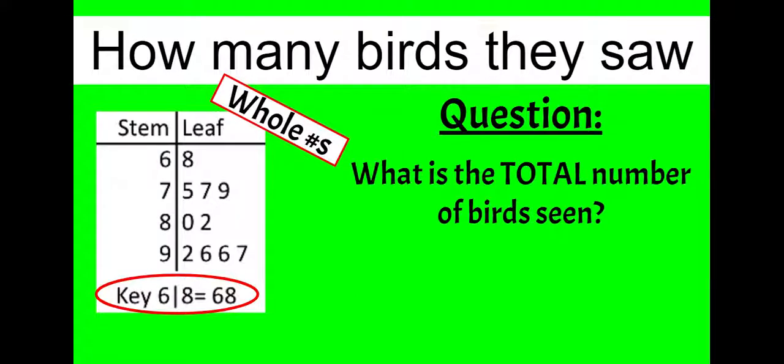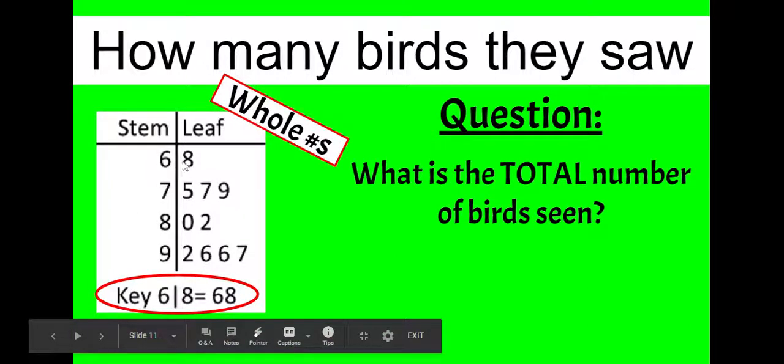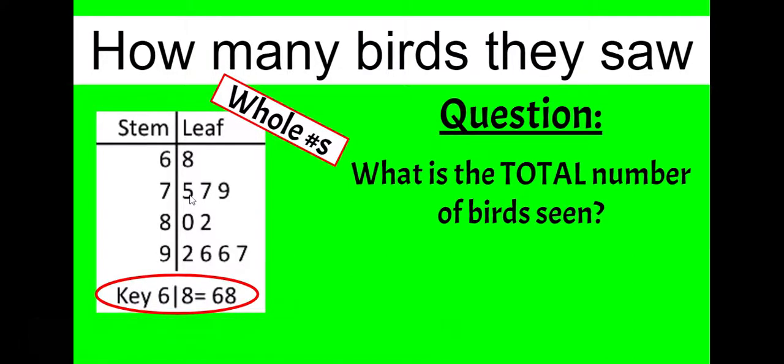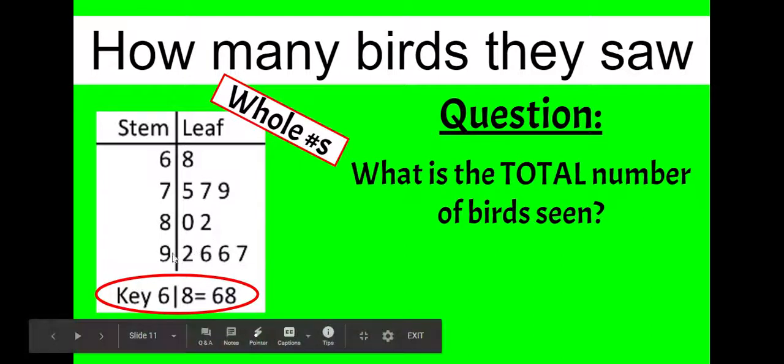So if I wanted to know what the total number of birds someone saw, if I saw 68 birds, but Mrs. Anderson saw 75 birds, Mrs. Wise saw 77 birds, Mrs. Uresti saw 79 birds, Miss Amaya saw 80 birds, Miss Spillman saw 82 birds, Miss Witter saw 92, Miss Bailon saw 96, and Miss Martinez saw 96, and Miss Hernandez saw 97.